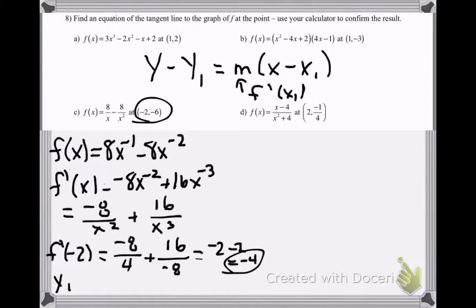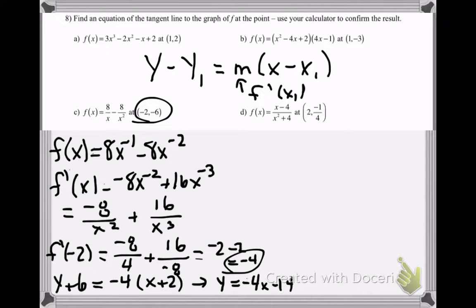So I'll get y plus 6, because the double negative, equals negative 4 times x plus 2. And you can do the algebra and put that in slope-intercept form if you like, and you get y equals negative 4x minus 14.